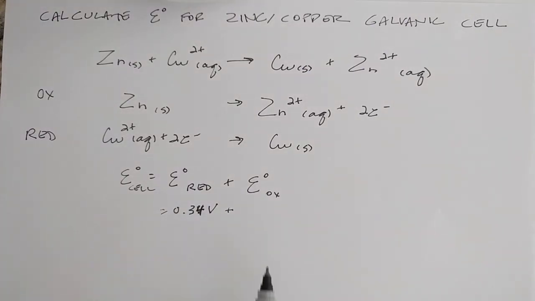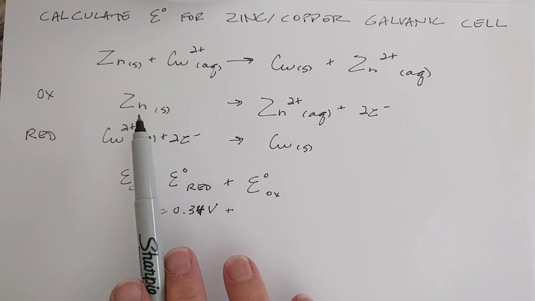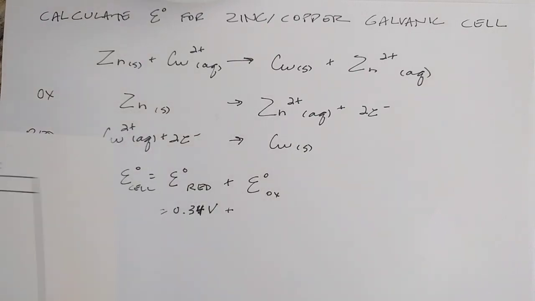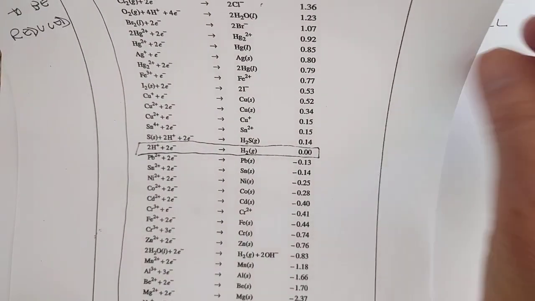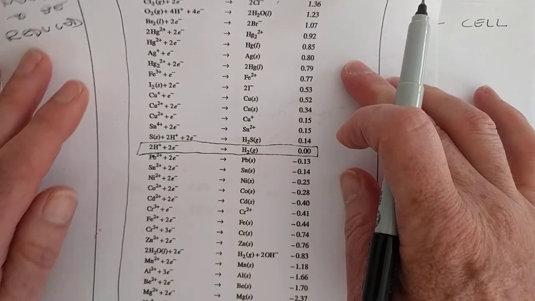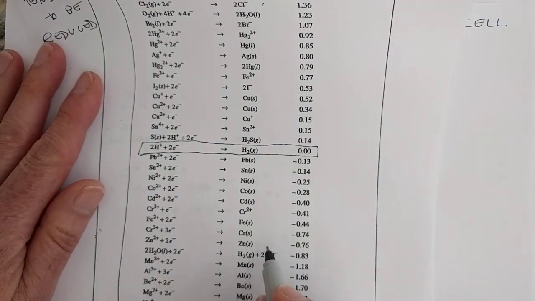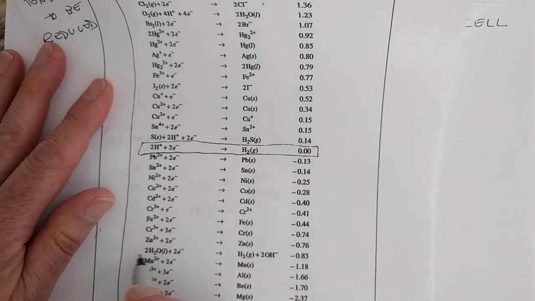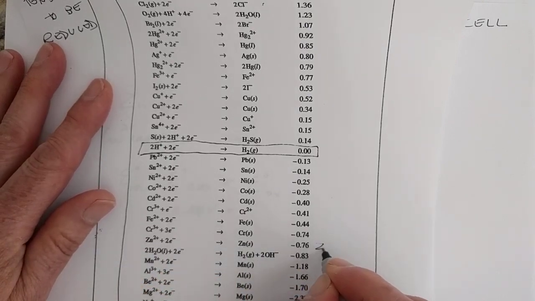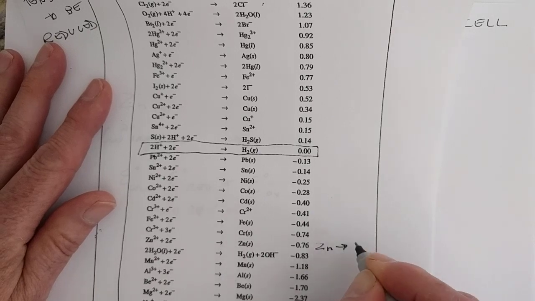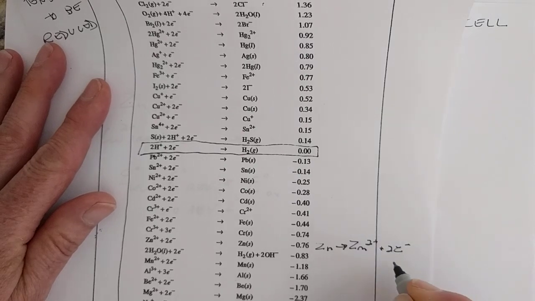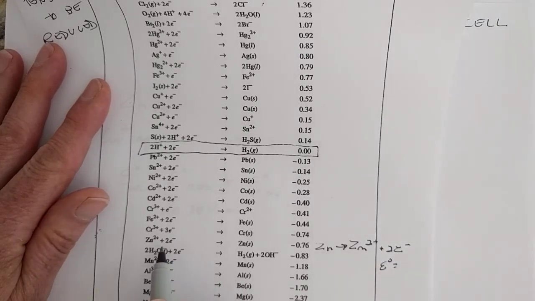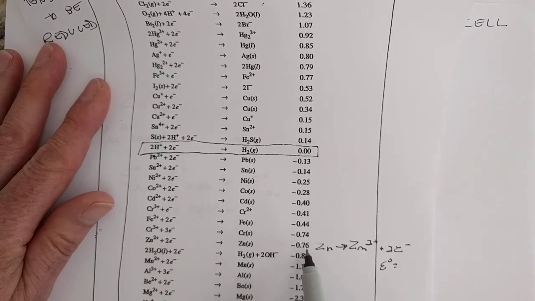Plus, now we need the E0 for the oxidation. The oxidation is the zinc solid going to zinc ions. So we find zinc on our chart, and zinc is right here. We need the oxidation. We need to flip this. When we flip this, then we get Zn solid goes to Zn2+ plus 2 electrons. And our E0, we have to flip the sign since we flipped the equation. So our E0 then is positive 0.76.